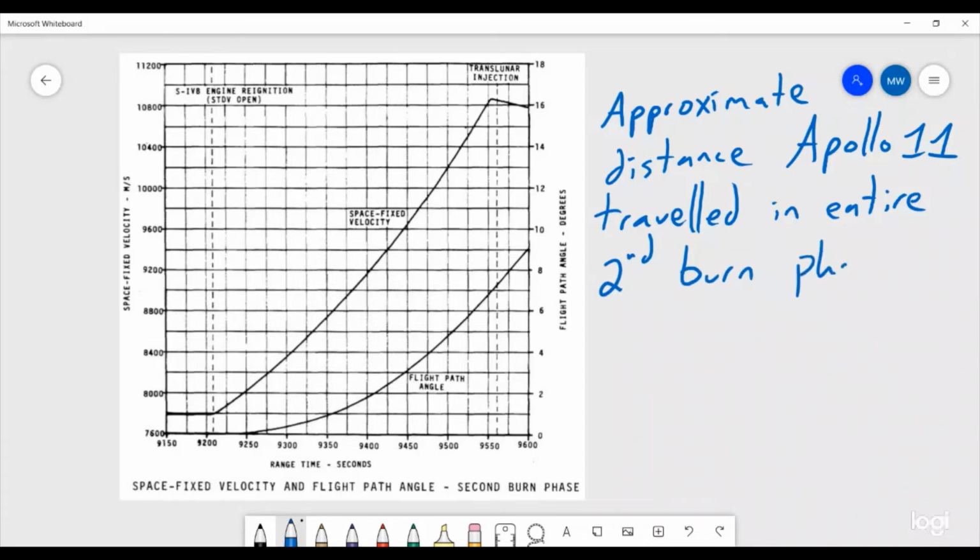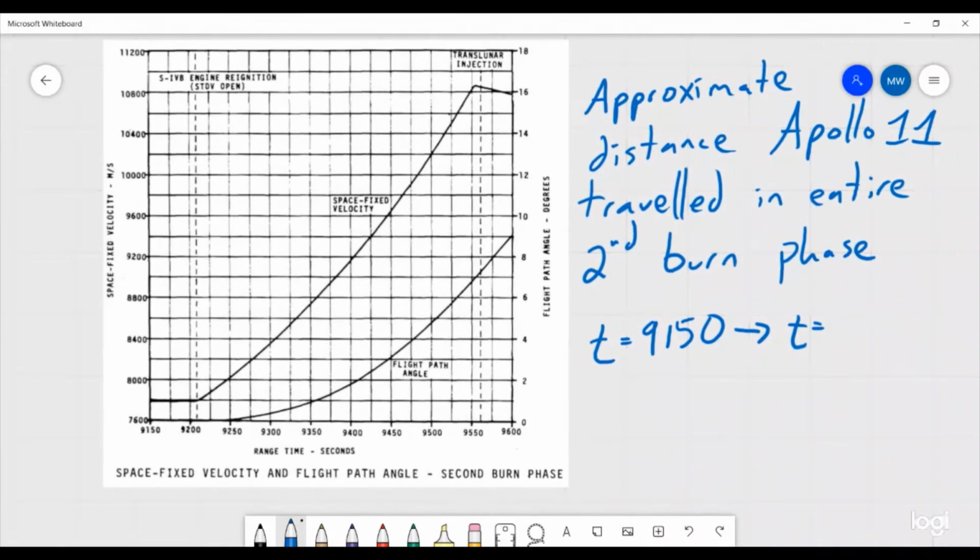And so that is this entire region shown on the graph from t equals 9150 seconds to t equals 9600. So you are tasked with trying to find the approximate distance that Apollo 11 traveled in this entire phase. So from this time right here all the way to this time here. Go ahead, pause the video, and try and approximate the distance that it traveled.